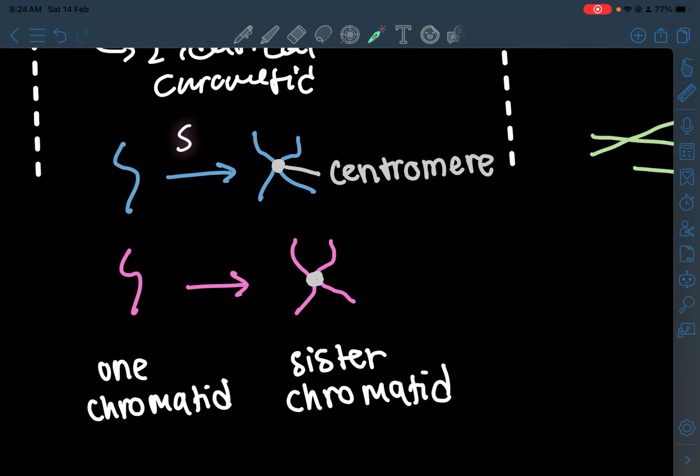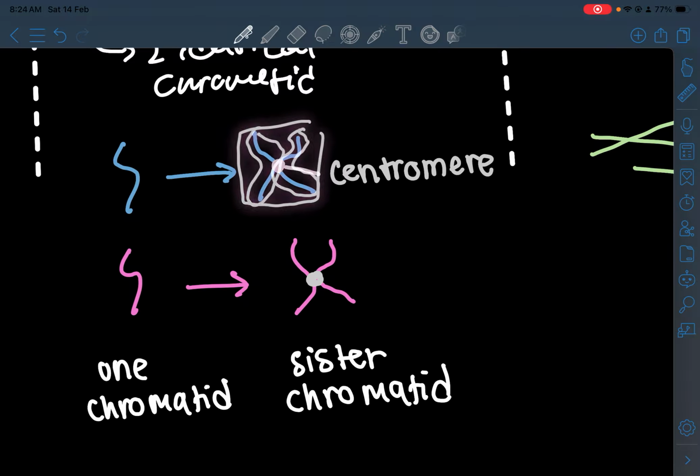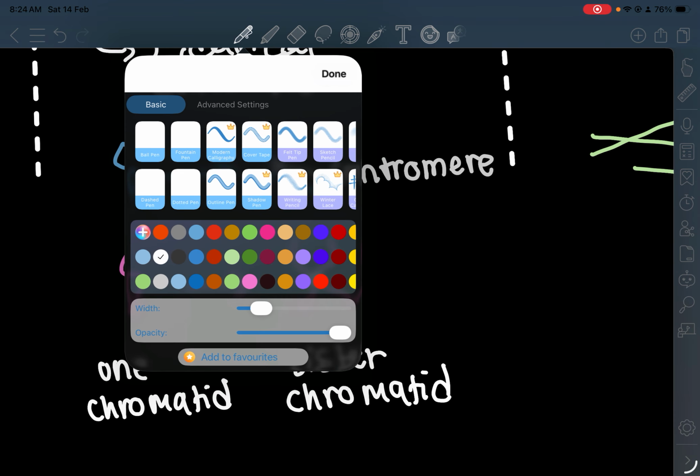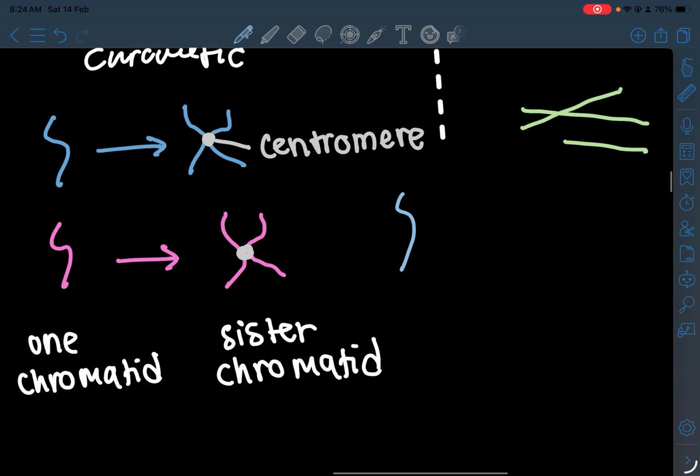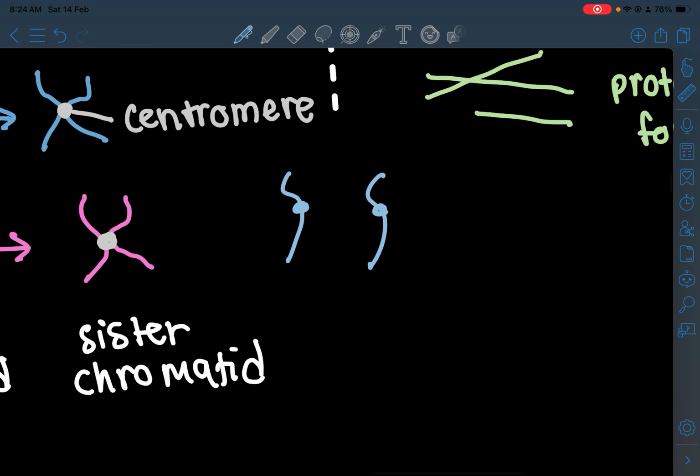When it enters the S phase and exits out of the S phase, it will form two identical chromatids. These identical chromatids are known as sister chromatids. Both of the chromatids have a centromere. For example, this and this both have a centromere, and they are joined together at the centromere. During mitosis, these sister chromatids will be separated at the centromere.